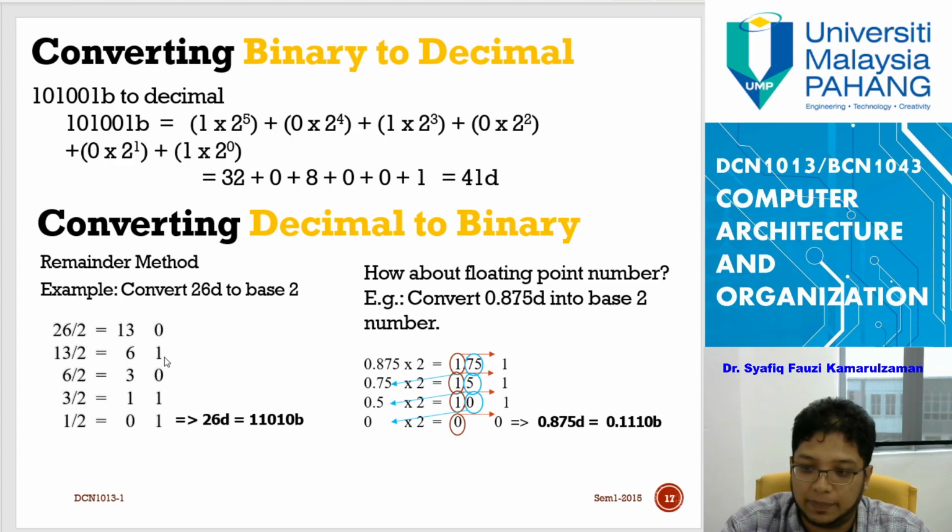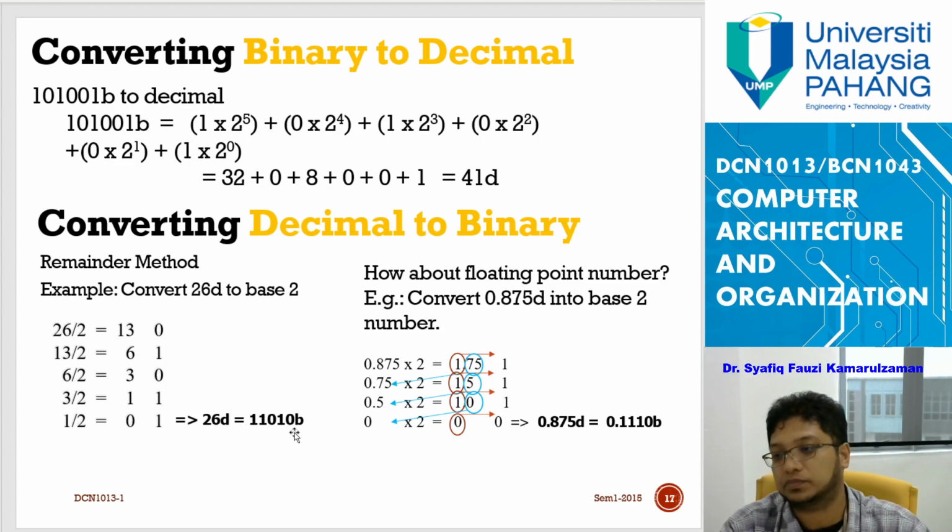So the remainder 1 becomes the next number. Then 6 divided by 2 is 3, remainder 0. Then 3 divided by 2 is 1 with remainder 1. Then 1 divided by 2 is 0 with remainder 1. So the binary you get for 26 decimal is 11010.